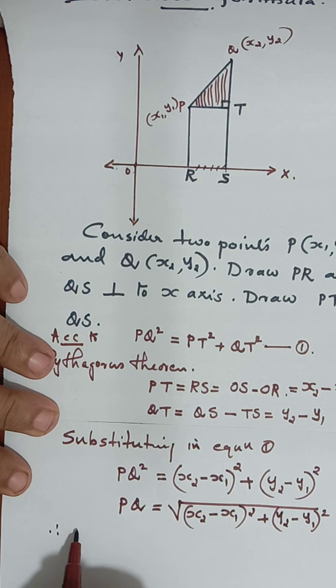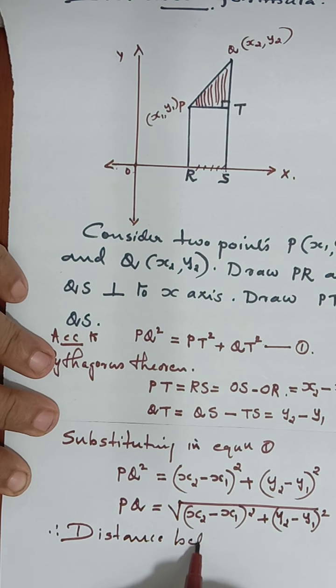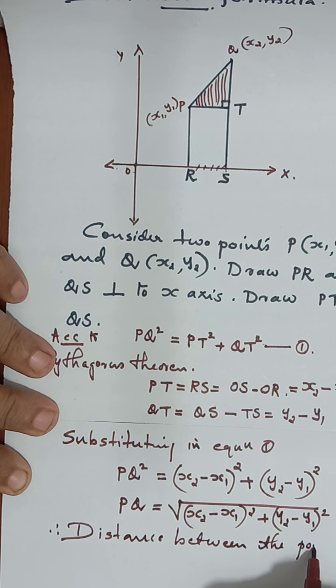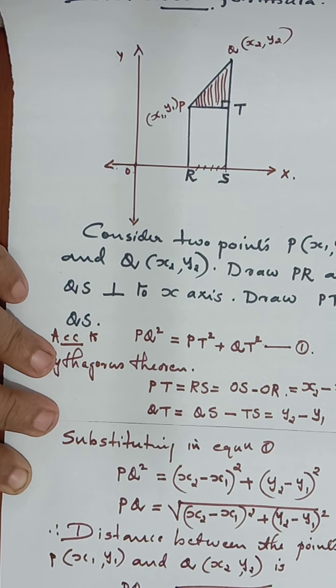Therefore, distance between the points P x1 y1 and Q x2 y2 is PQ is equal to square root of x2 minus x1 whole square plus y2 minus y1 whole square.